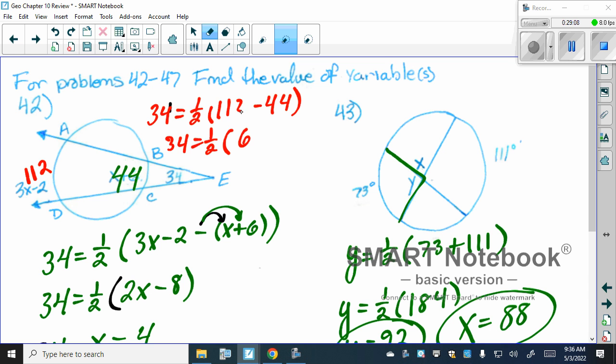So 112 here. And if we subtract these, minus 44 is 68. Half of 68 is 34. So it does work. So these here aren't going to have an exact proportion to them, but when they plug into the formula, they'll still work. Any other questions on this here?